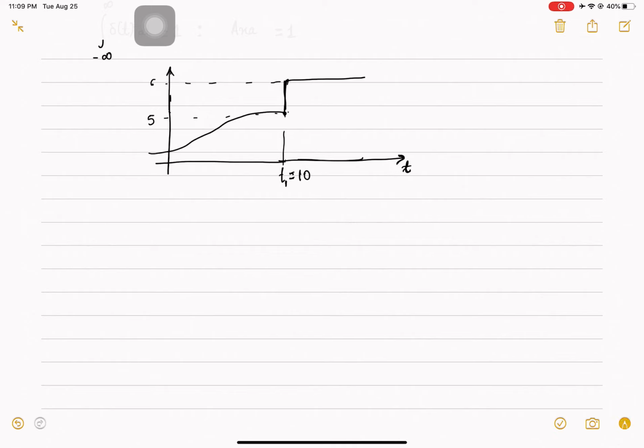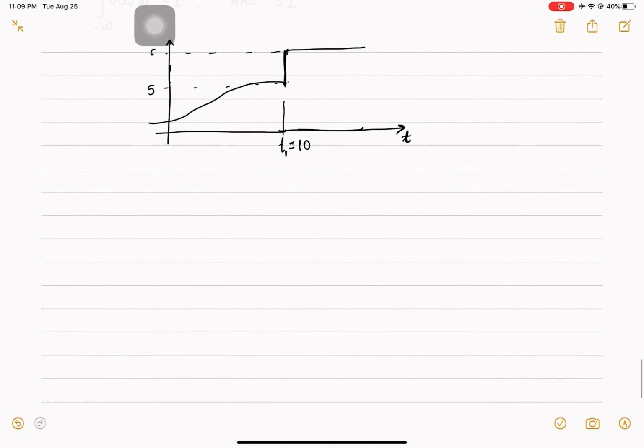So there is a discontinuity. What do we mean by the term discontinuity? What I'm going to do is approach the point t equal to t1 from the left hand side.